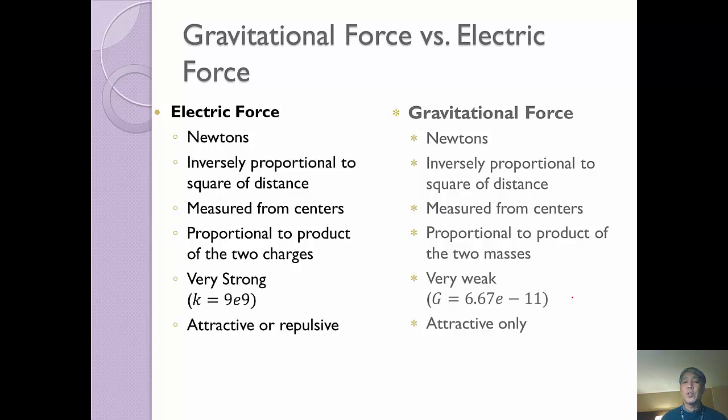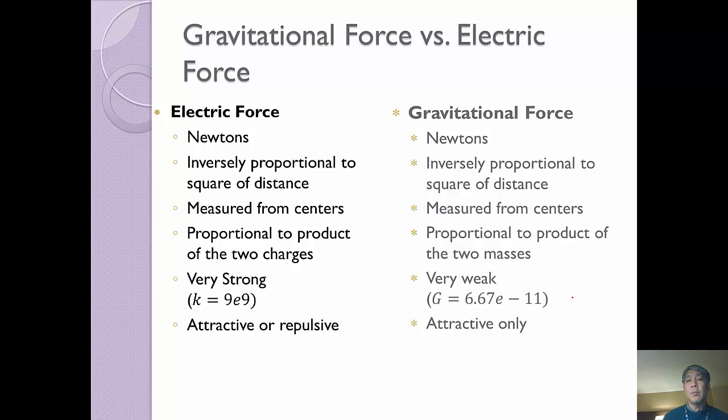Electric force is very strong because of the constant that we use, this 9 times 10 to the 9th. That's plus 9 as the exponent of the power of 10. On the other side, I have the gravitational constant, 6.67 times 10 to the minus 11. Between minus 11 and plus 9, there are 20 orders of magnitude.